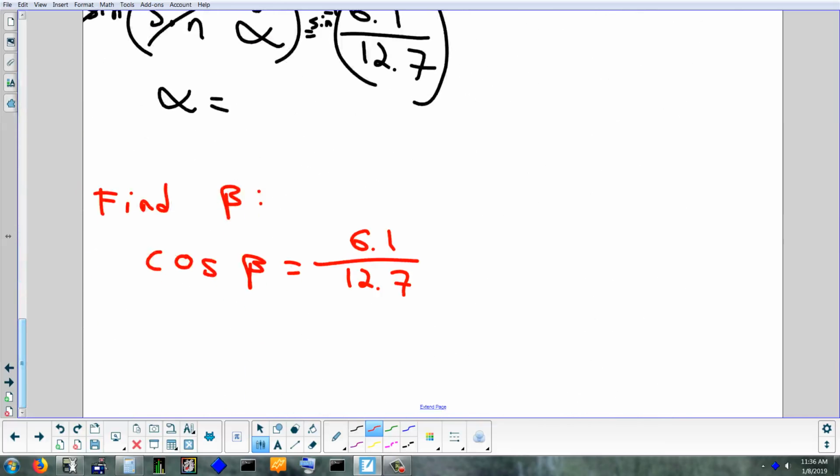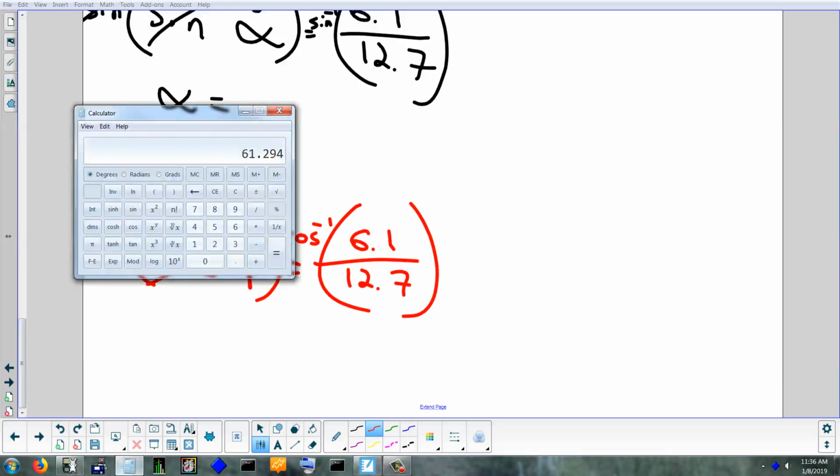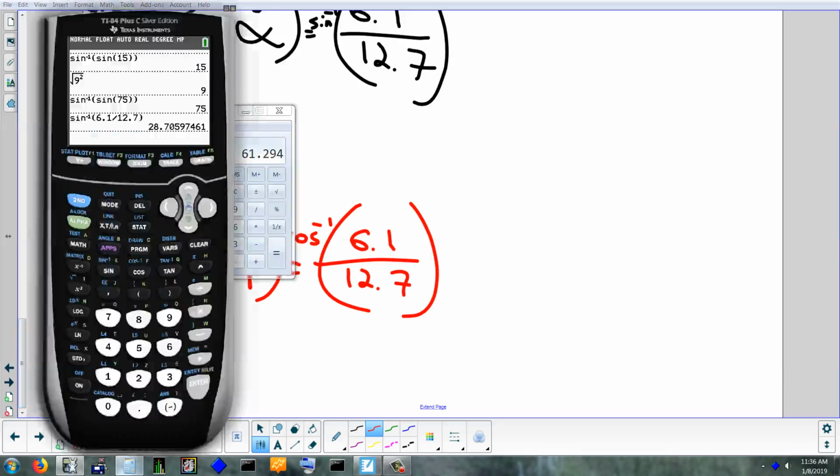It's inside the trig. How do you get rid of cosine? Take the inverse cosine. Yep. Take the inverse cosine of what's on the left. Don't forget to do it on the right. And when I do inverse cosine, hopefully I get 61.294.